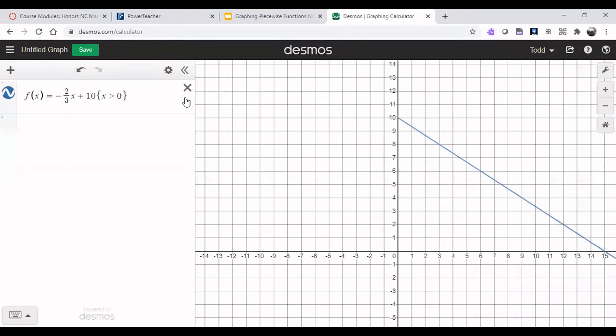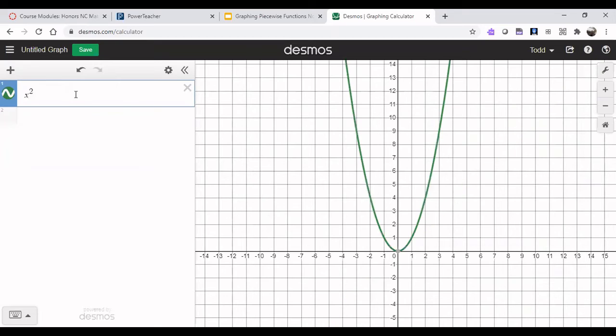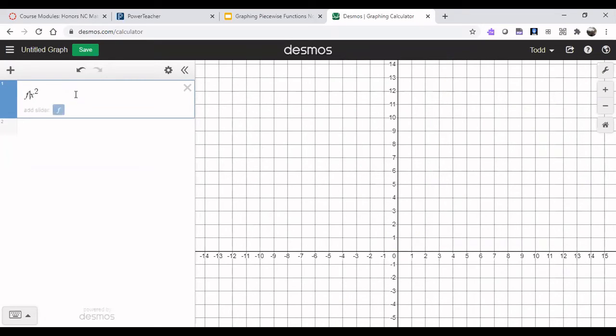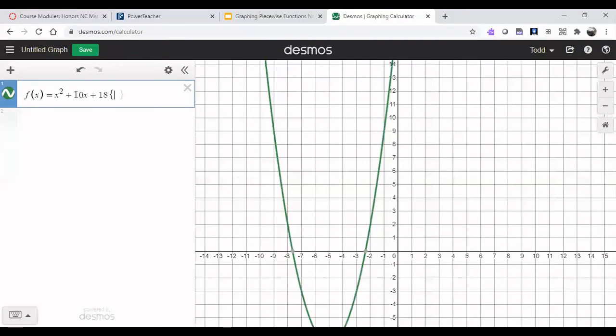Clear those out. First one's quadratic, x squared plus 10x plus 18 when x is less than -2.